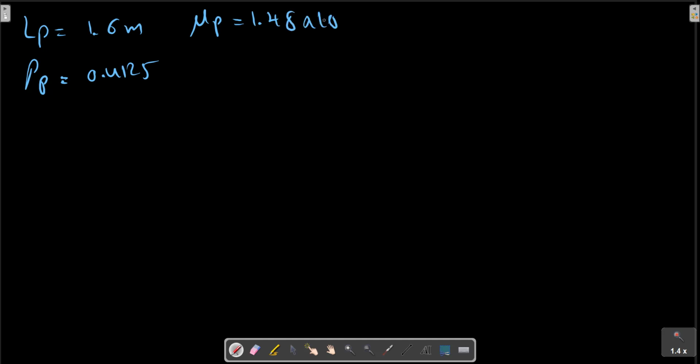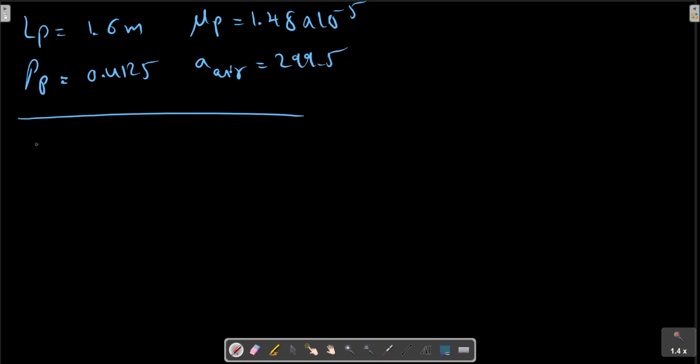In this case, for the prototype, we have Lp equal to, rho P, which is air obtained from table, mu P equals to, and A equals to.